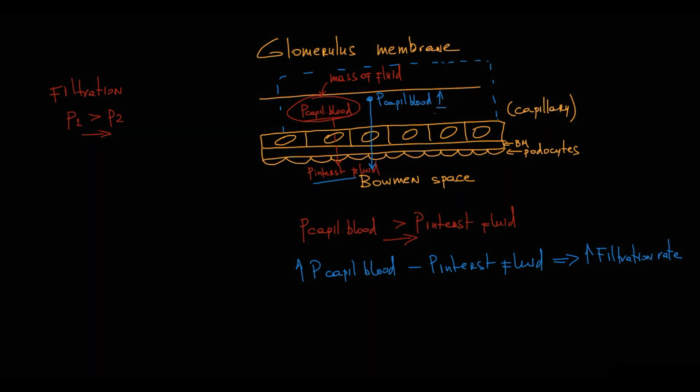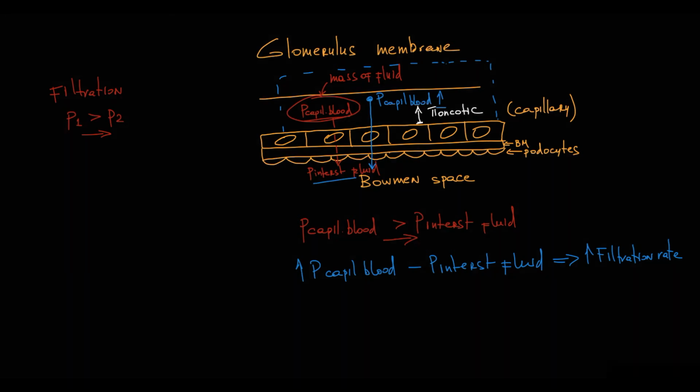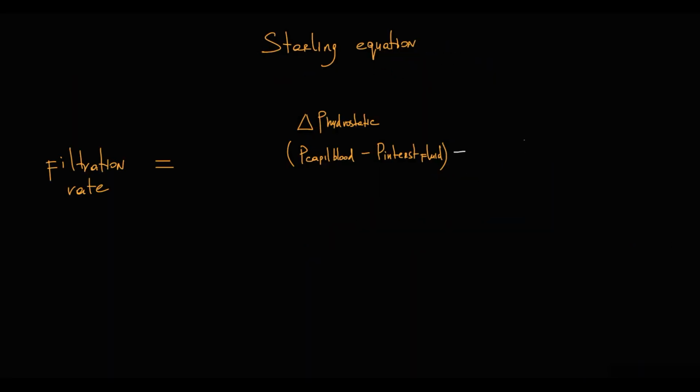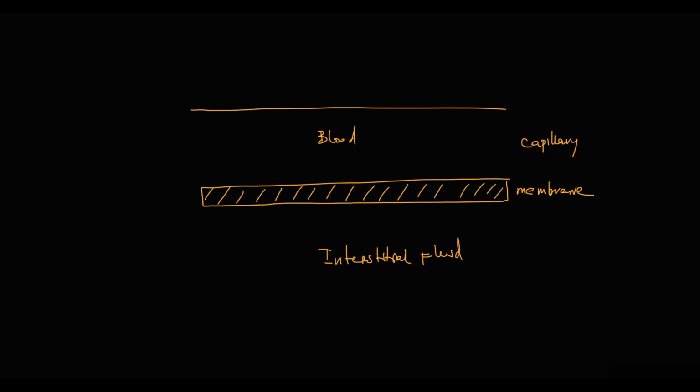If hydrostatic pressure pushes fluid out of the capillary, oncotic pressure keeps fluid inside the capillary and doesn't let fluid leave the intracapillary space. So the opposite force to the hydrostatic pressure difference is the oncotic pressure difference between capillary blood and interstitial fluid. Again, there is the capillary, membrane, and interstitial fluid. Oncotic pressure is formed by proteins, primarily albumins, which are osmotically active substances.